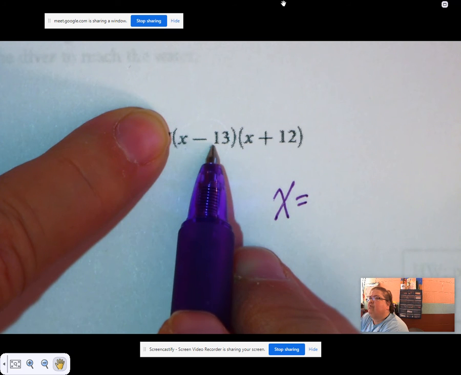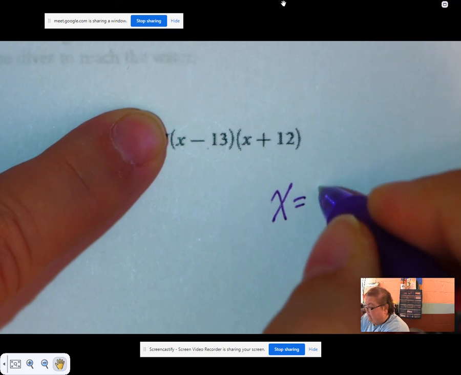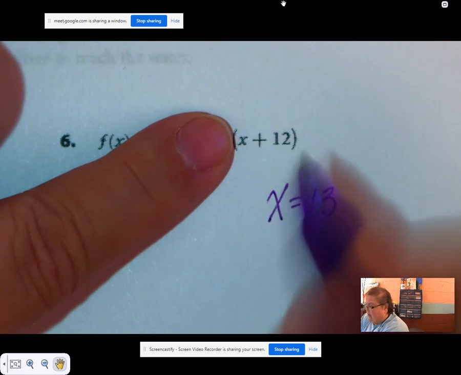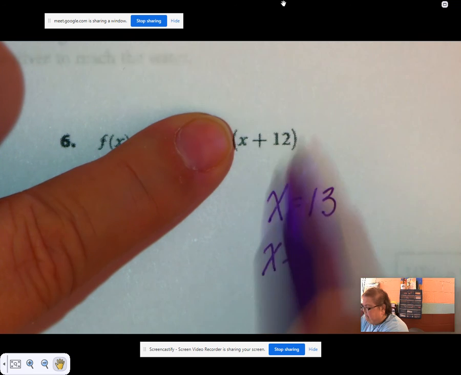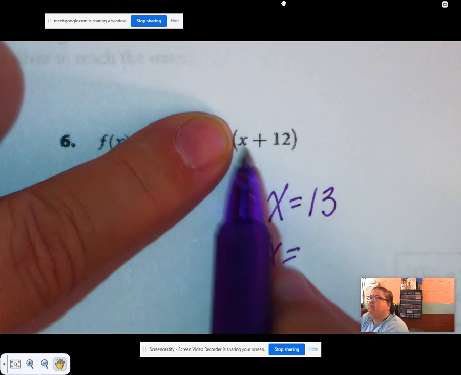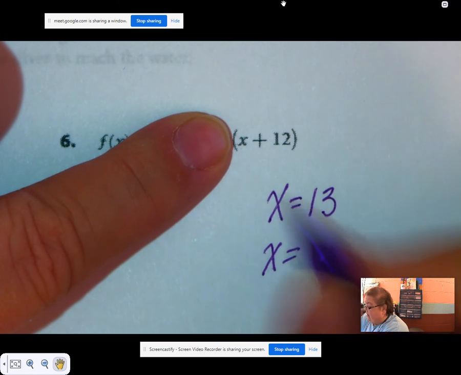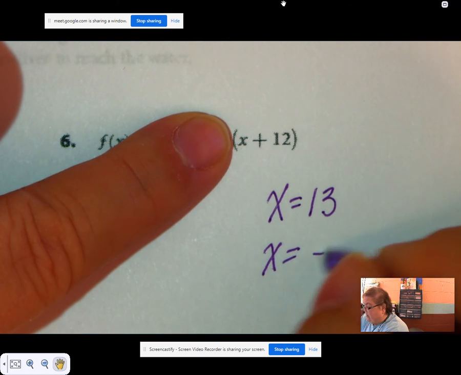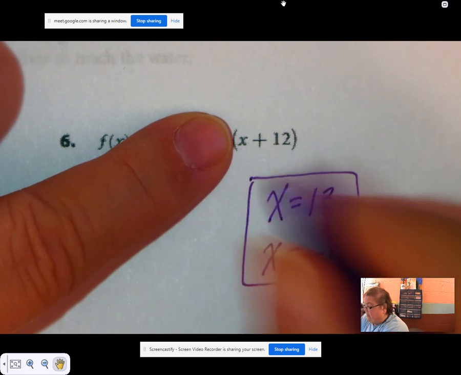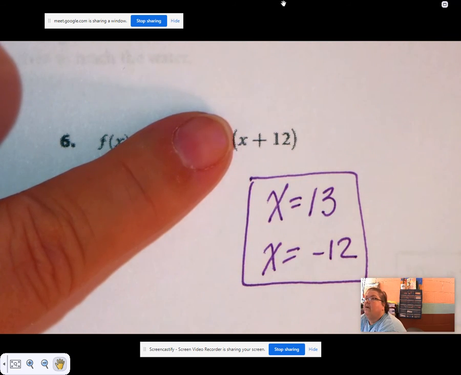What minus 13 equals 0? Positive 13. 13 minus 13 is 0. Okay? What would the value of this X need to be in order for this parentheses to equal 0? Negative 12. Same number, opposite signs. Questions?